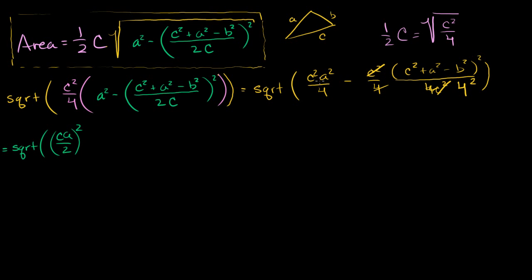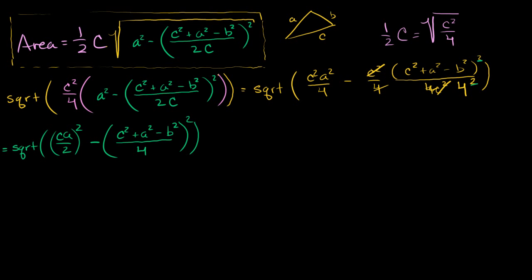This is the same thing as that, I'm just writing it as the whole thing squared. If I square it, that's c squared a squared over 2 squared, over 4, minus, and I'm going to write this whole thing as an expression squared, c squared plus a squared minus b squared over 4, where we squared both the numerator and the denominator.